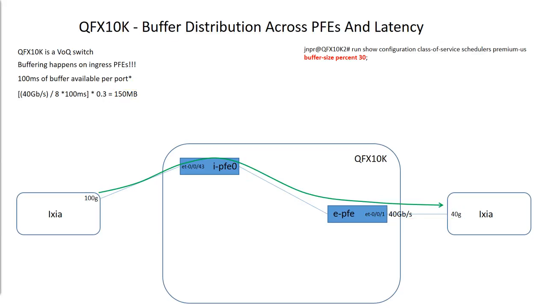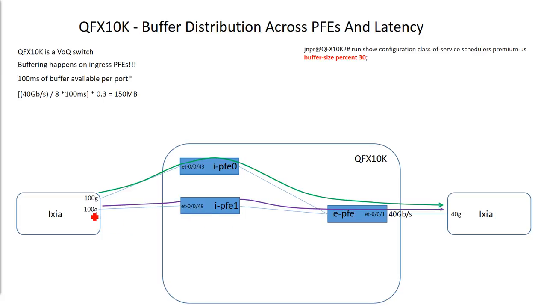So let's now add another flow through another ingress PFE and see what happens. This ingress port lives on packet forwarding engine 1.